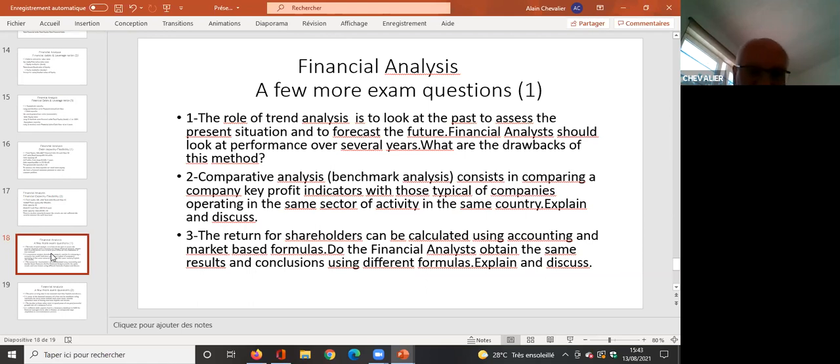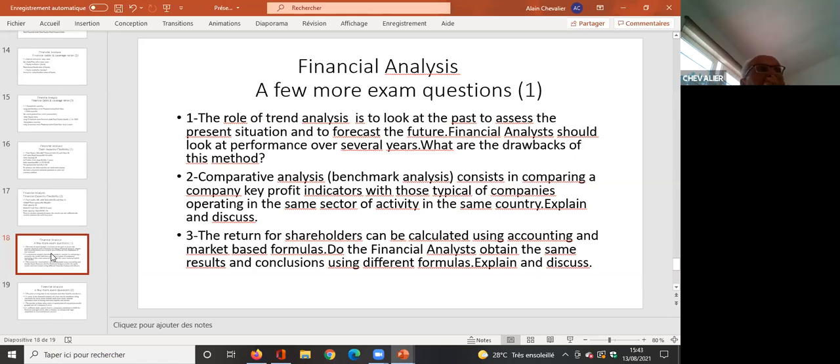Return for shareholders, and we know that performance anyway, can be measured using accounting or market-based formula. That's what we saw with the example of ratios we studied.